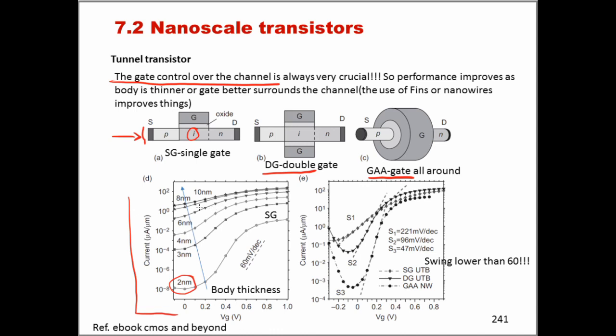When you are at a thickness of already 10 nanometers, there is basically very little transfer characteristic there. Please note that what we're plotting here is the transfer characteristic, the current in the channel versus VG. When the body of this tunnel transistor is 2 nanometers, we achieve even the theoretical swing of 60 millivolt per decade.